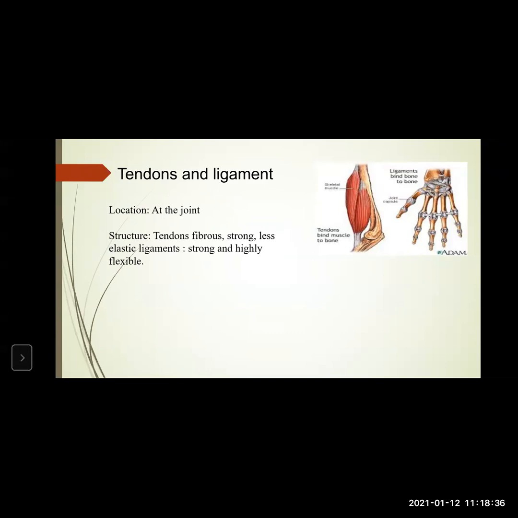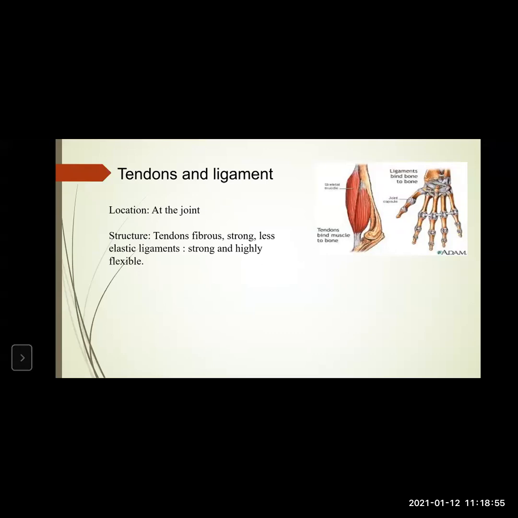They are less elastic. Whereas ligaments are very thin and they are made up of elastic fiber, a protein known as elastin. Hence, it is very strong and highly flexible.